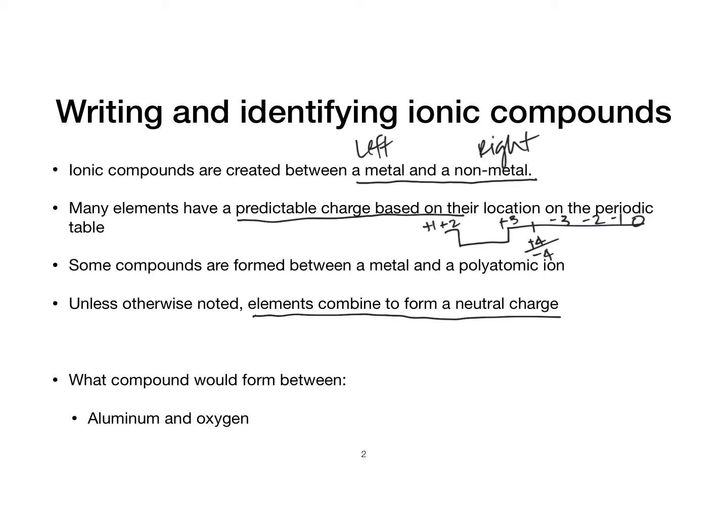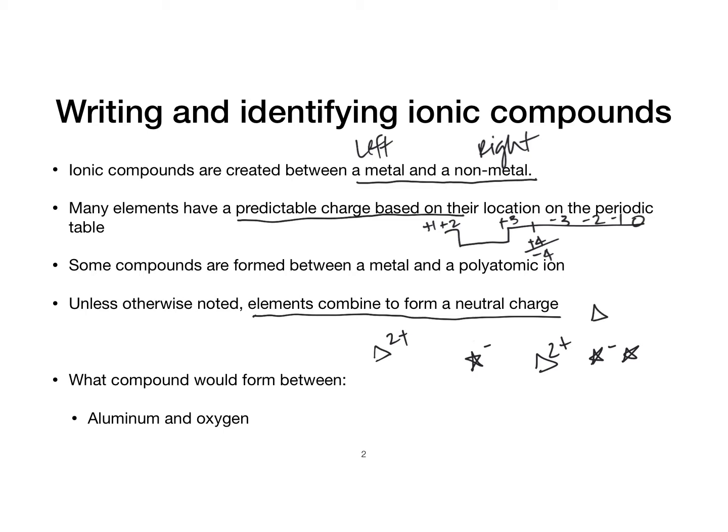So what that means is if you have an element with a 2 plus combining with a circle with, well, that looks like oxygen, so let's make that into a star. So if we have a star, that's a minus charge. In order to create a neutral compound, you would need 2 minus triangle with 2 stars, which should be a plus charge.